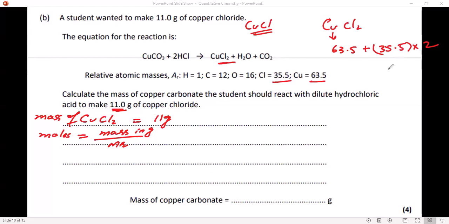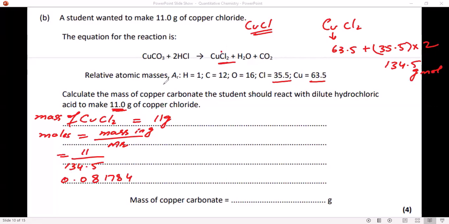Guys, this would be 134.5 gram per mole. So 11 upon 134.5. When you divide 11 by 134.5, you will get the moles of copper chloride.